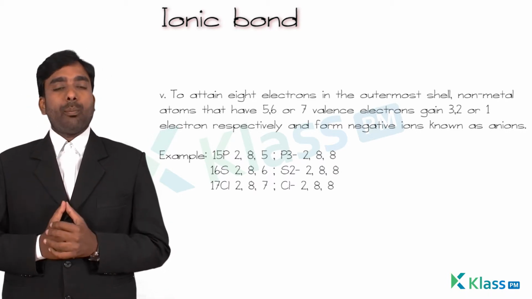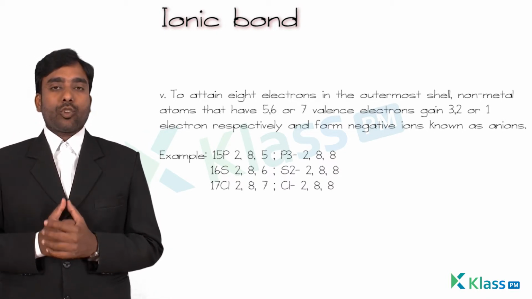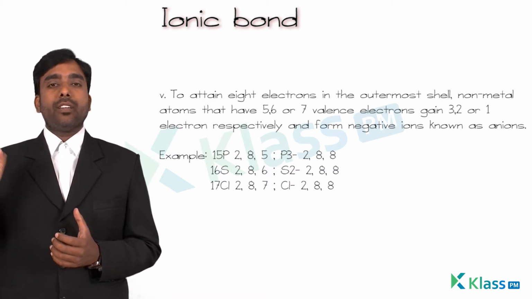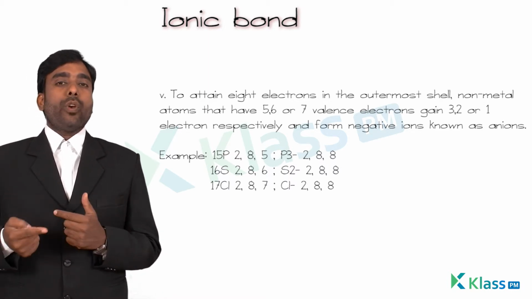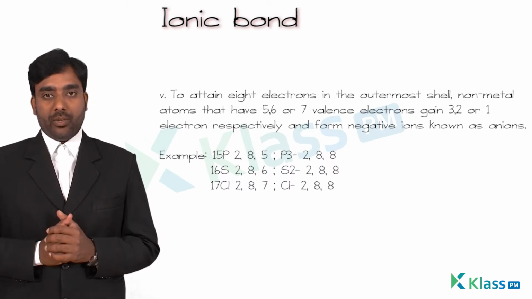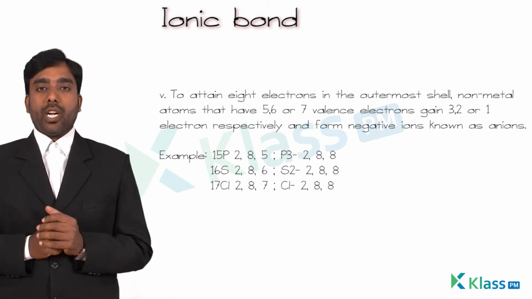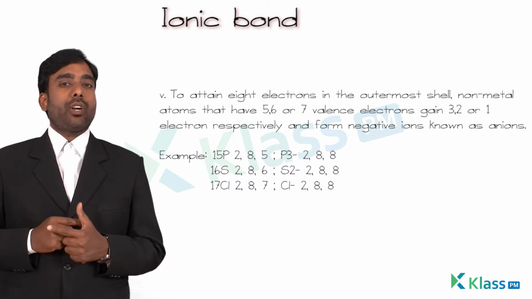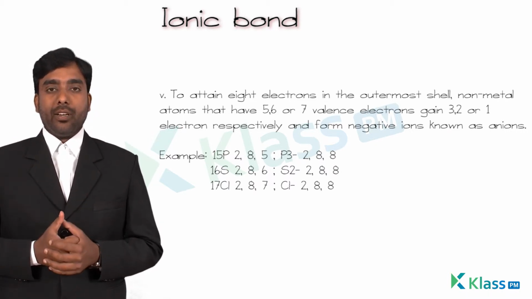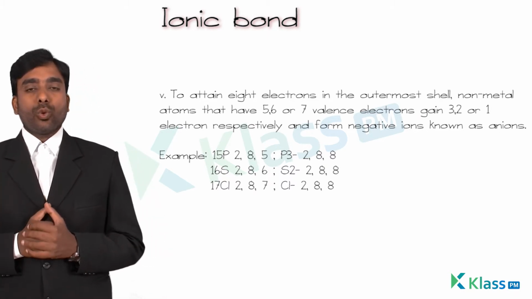Let's take one example from the 17th group, that is chlorine. Chlorine's valence electronic configuration is 2, 8, 7. If chlorine gains one more electron, it gets an octet configuration. So chlorine with 2, 8, 7 gains one electron and forms the Cl- anion with electronic configuration 2, 8, 8.